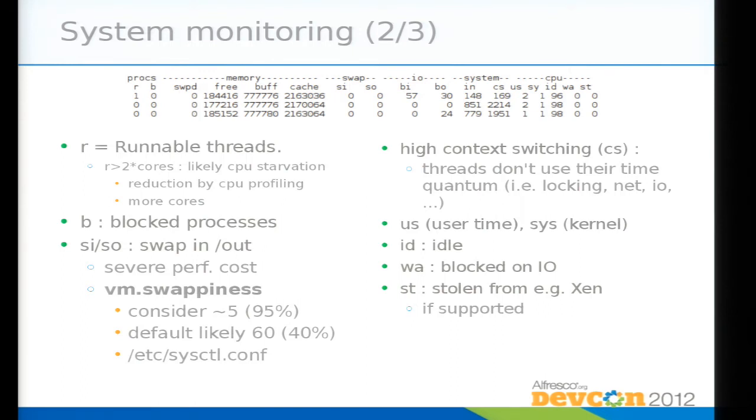So if you say, for example, I have an 8 gig system, I gave 5 gigs to the JVM, then immediately at startup, I start swapping stuff. And that's really, really bad. And I've seen that time and time again. So you can adjust that setting to, for example, 5, meaning go to 95% of your RAM before considering swapping stuff out.